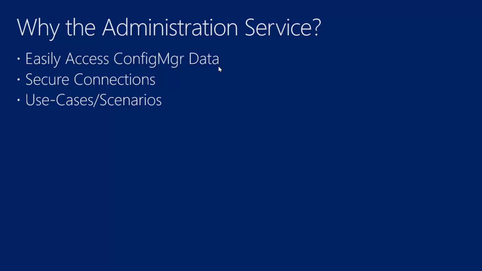So if you want to access or provide data access for third parties, let me give you a specific example where this comes to play. So there's a customer, a service provider that I've been talking with, who has as a vision to supply a service that will basically host Config Manager for a number of different customers. So they envision having hundreds of Config Manager implementations for customers that they would want to manage and so on.